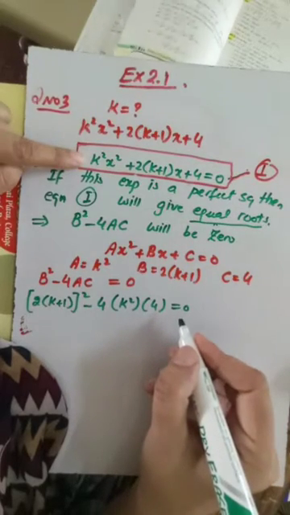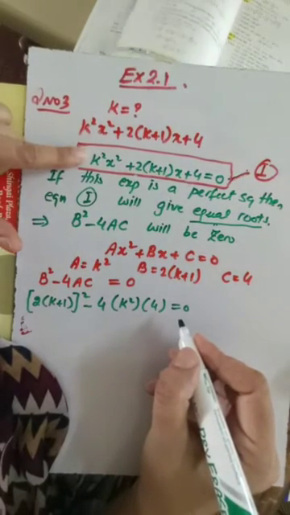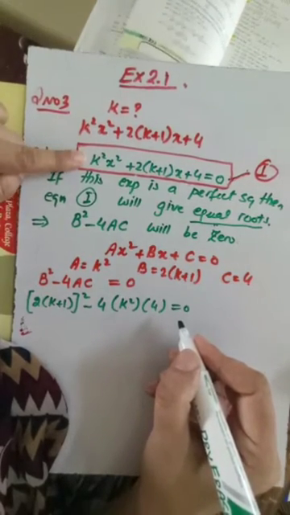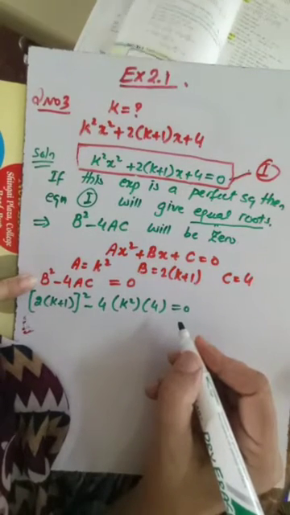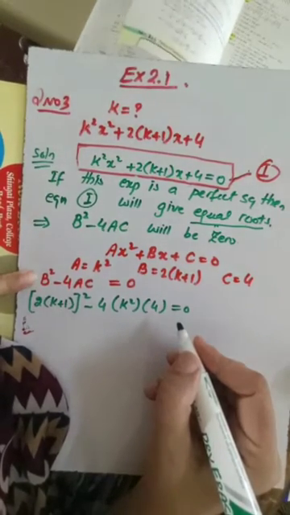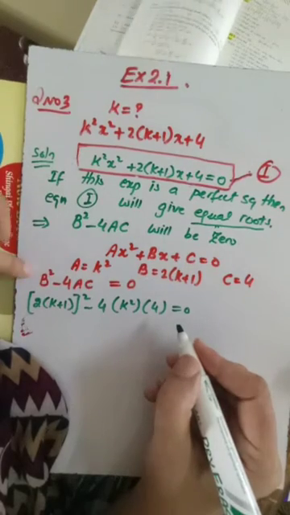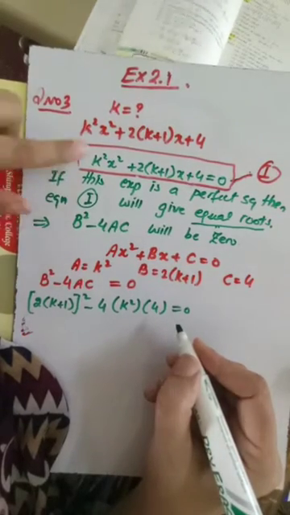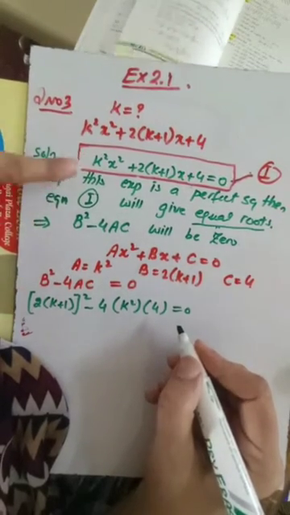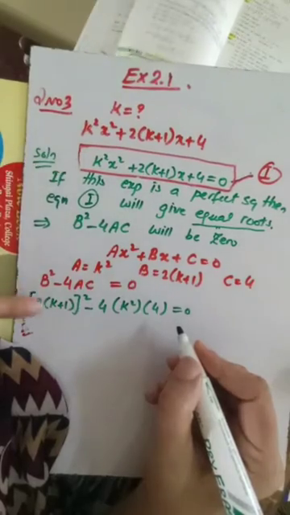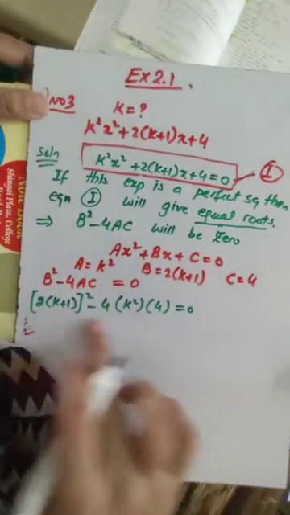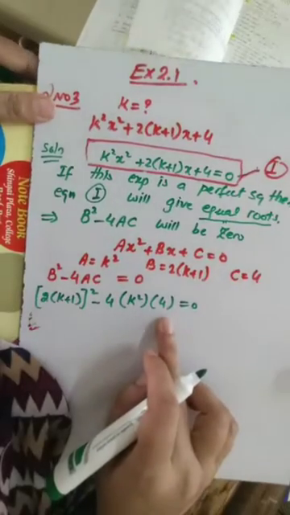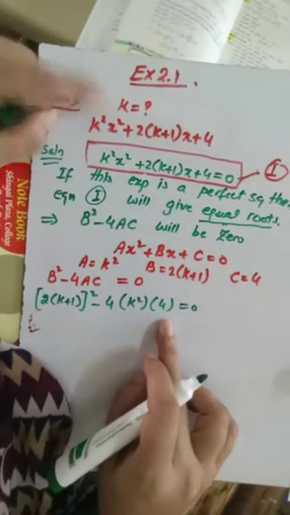If this expression is a perfect square, this equation will have equal roots, and we have equal roots if and only if B square minus 4AC is equal to 0. From this we get an equation in k which will lead us to the value of k.